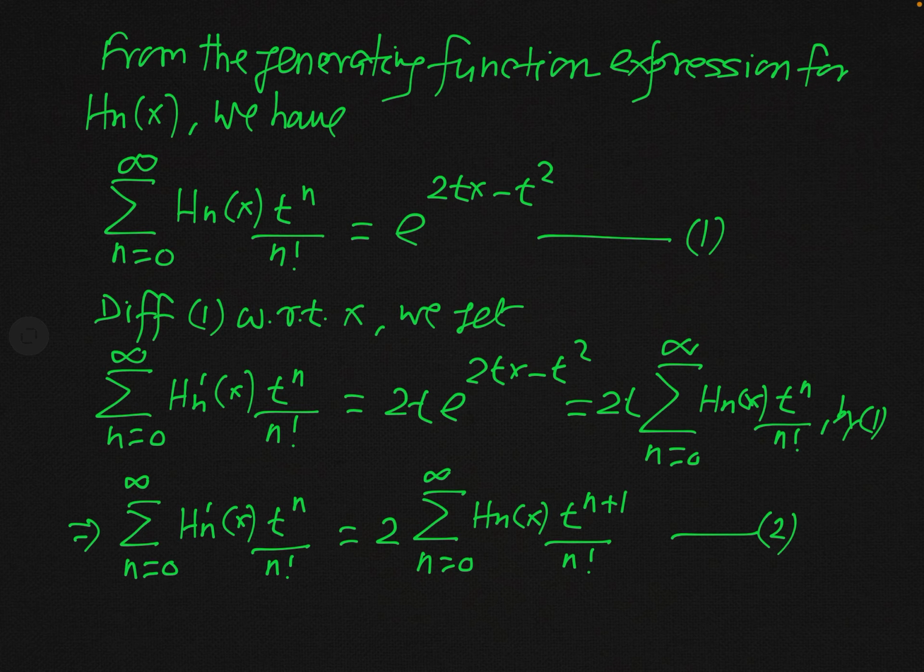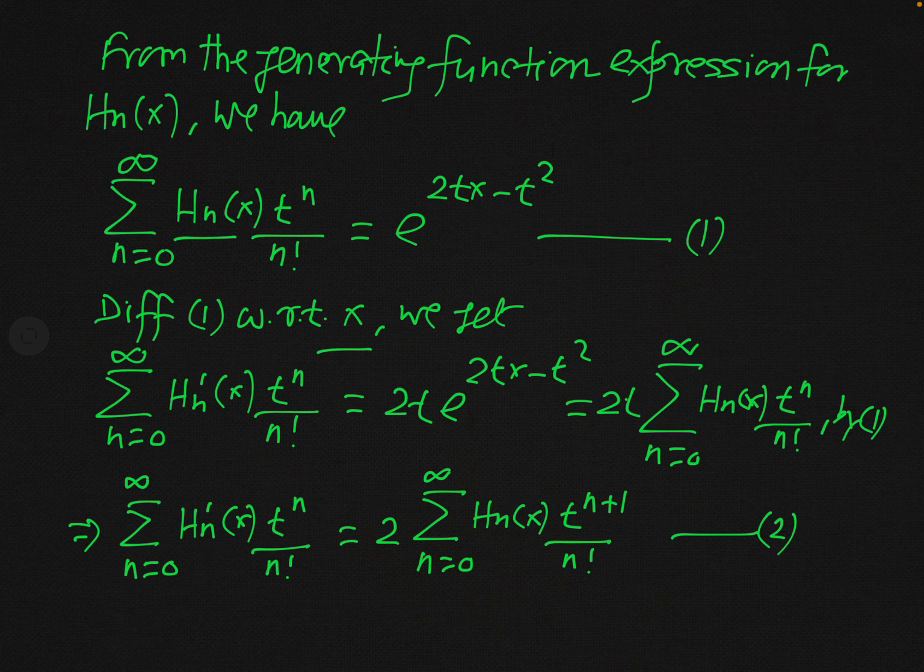You know, this is the generating function expression for Hn of x. Now we simply differentiate this equation 1 with respect to x. When you say we are differentiating with respect to x, you must keep t as a constant. So what will be our result? You can see that this will be summation n 0 to infinity, and first order derivative of Hn of x we can write, this is Hn prime of x times t raised to the power n over n factorial.